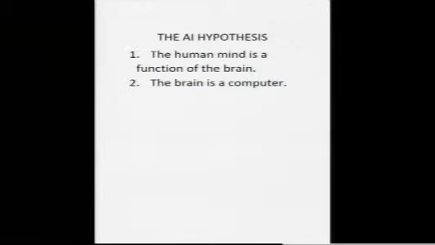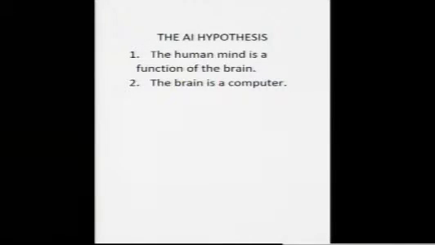I would say the basic underlying assumptions are these two. The first is that the human mind is a function of the brain, and the second is that the brain is really a computer.